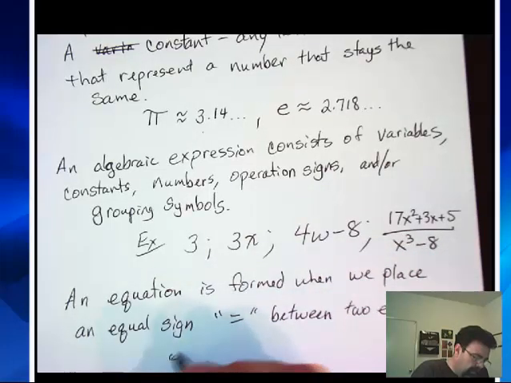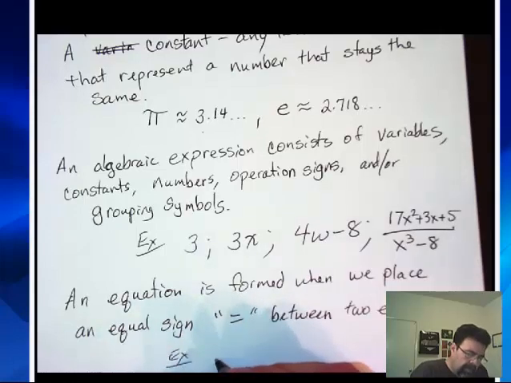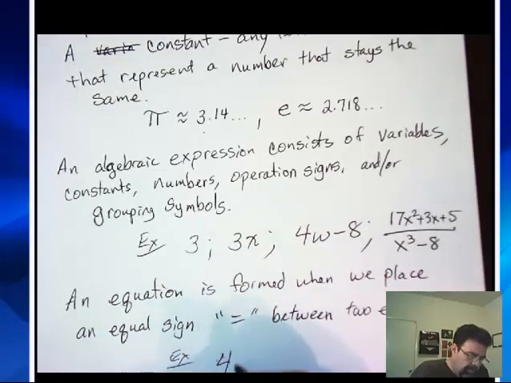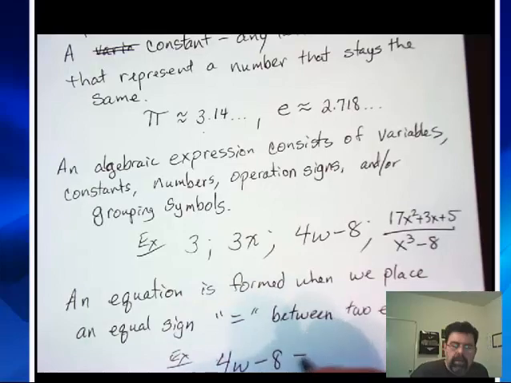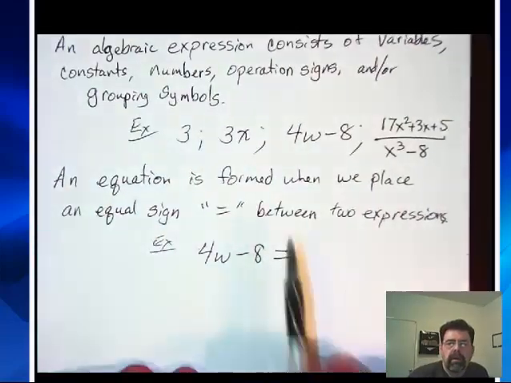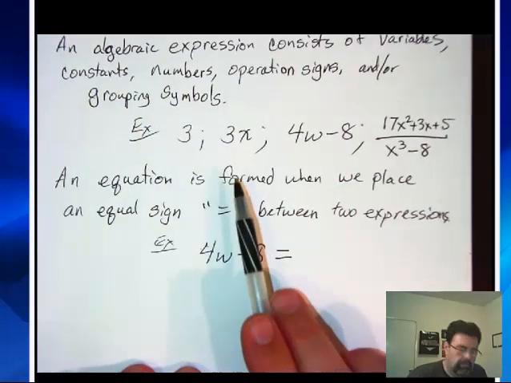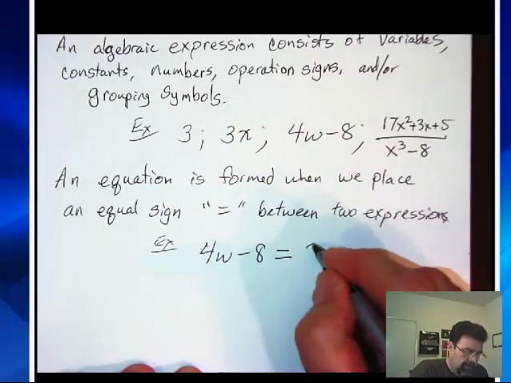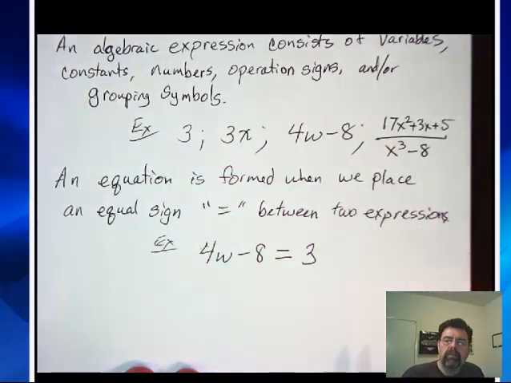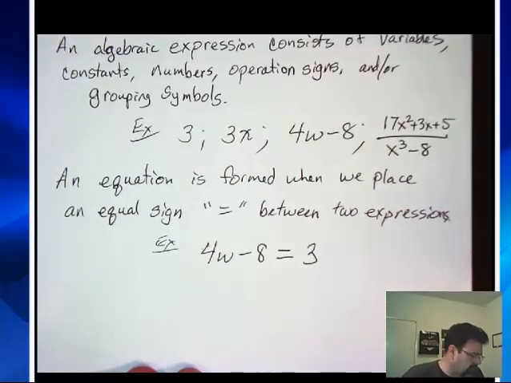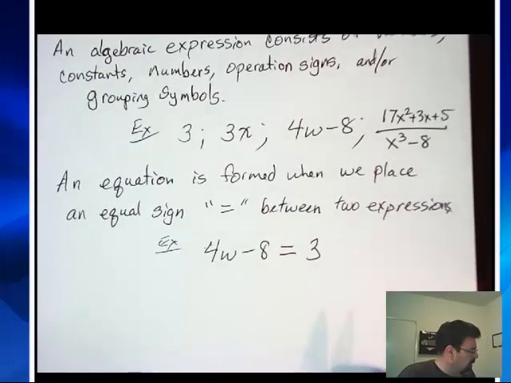So an example would be, we could take 4w minus 8 and put an equal sign. Oops, sorry. So we can do 4w minus 8 equals, just put a number over here. And I'm sure you're familiar with how to solve that. We'll talk about that later. Okay, so there you go.